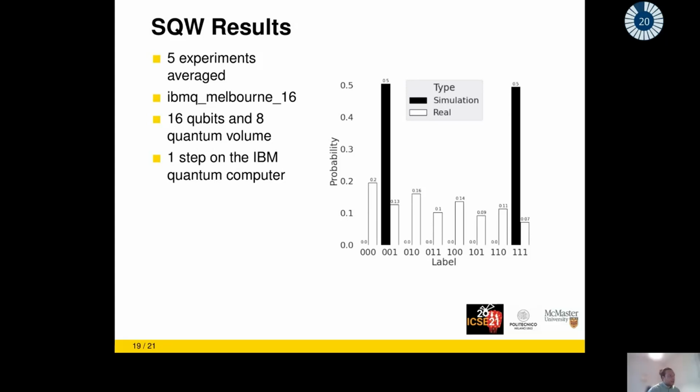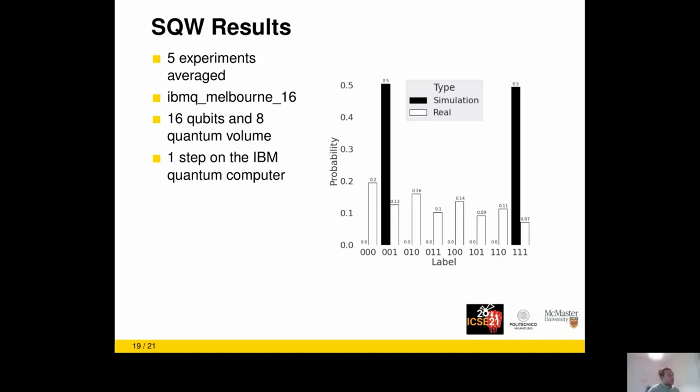And finally, we can talk about the results that we obtained. We performed 5 experiments averaging our results. The image on the right is similar in structure to the one of Coined Quantum Walk and represents the results that we obtained.